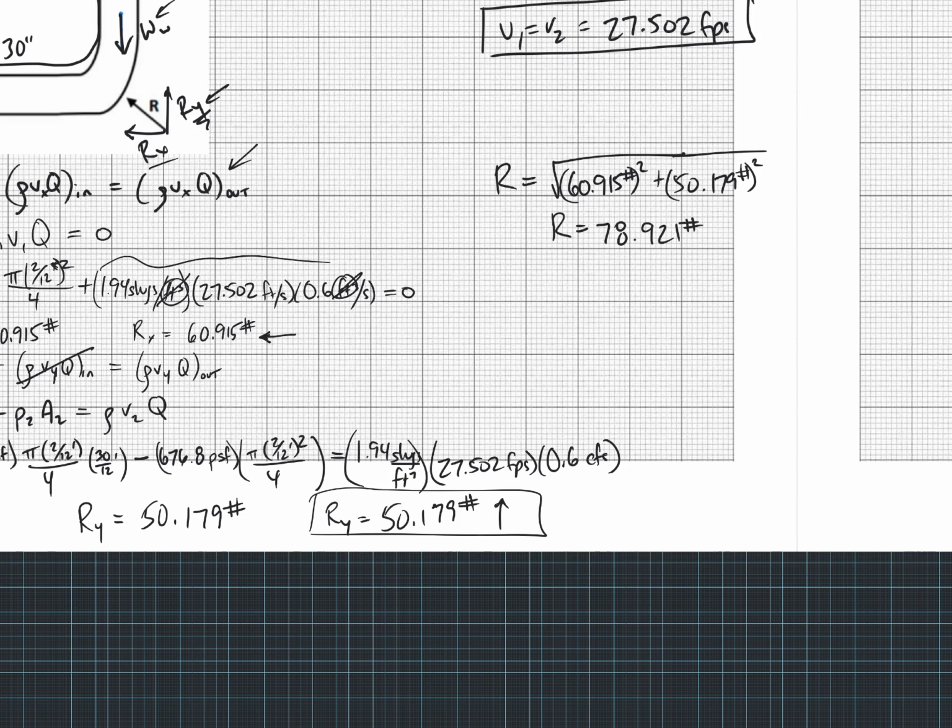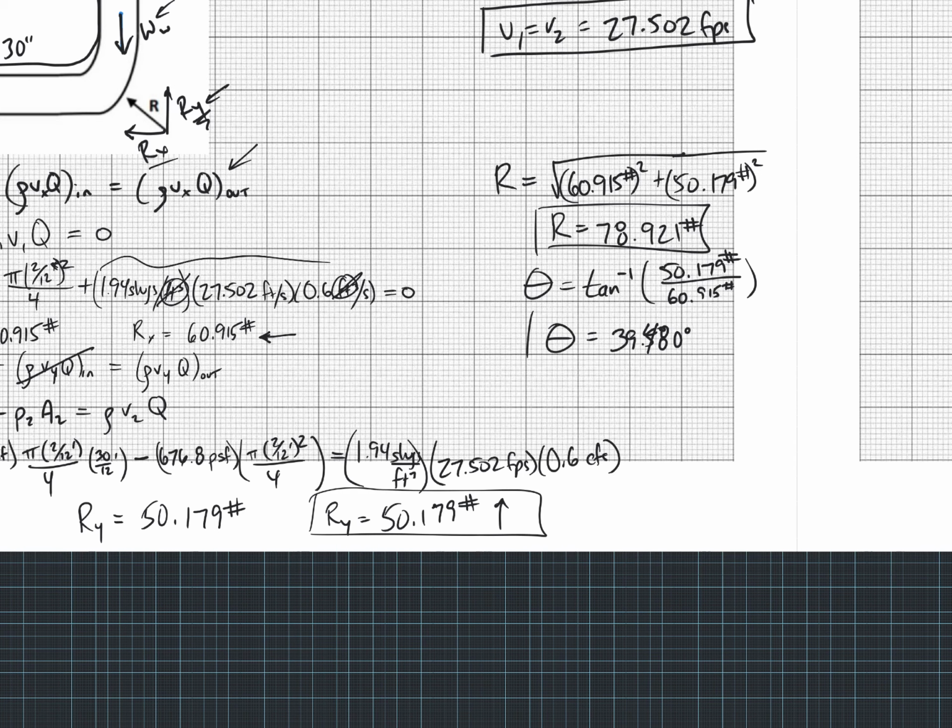So R equals 78.921 pounds. And I need the angle, so theta equals inverse tangent of 50.179 pounds divided by 60.915 pounds. Okay, so theta equals 39.5 degrees. Okay.